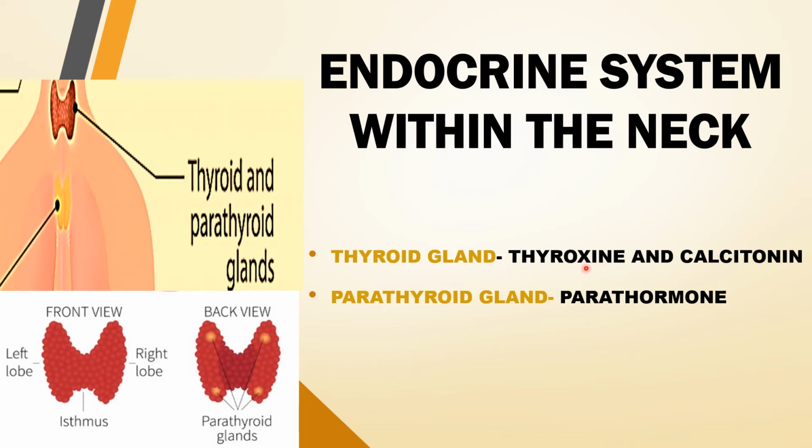So, to produce the thyroxine hormone, the iodine is required. And if the iodine deficiency is not met, then it causes the deficiency disease of thyroxine hormone called the goiter. So, to produce thyroxine, iodine is needed and the deficiency leads to a disease known as goiter.